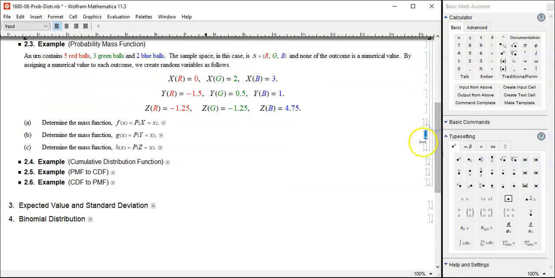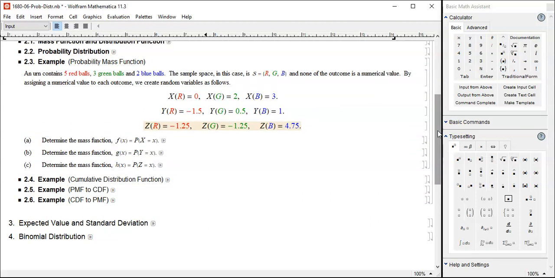How about the next problem here? How many possible payoff values are there? We have 3 colors, but the possible payoff values are 2, because red and green both have negative 1.25. So the table is actually simpler.